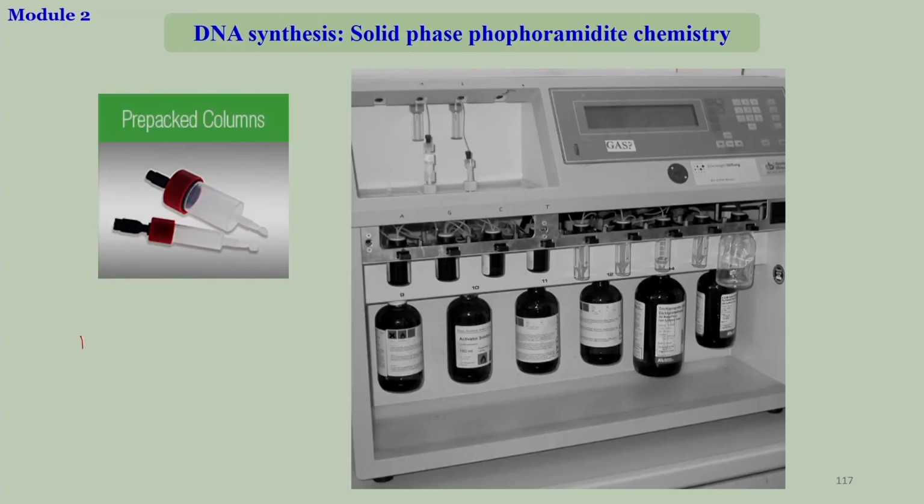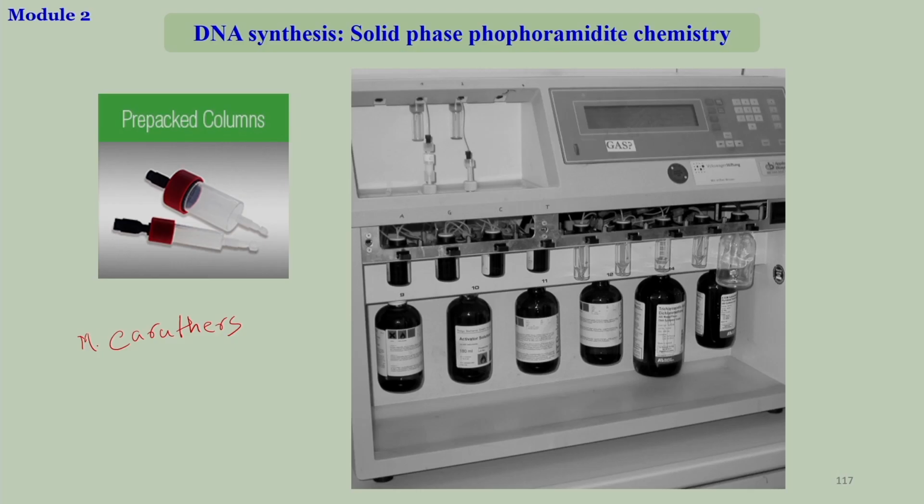So we will see now how this DNA can be synthesized in the laboratory, and this is a beautiful chemistry that has been developed by M. Caruthers. He is an American. It's not the same Caruthers who wrote the organic chemistry book.